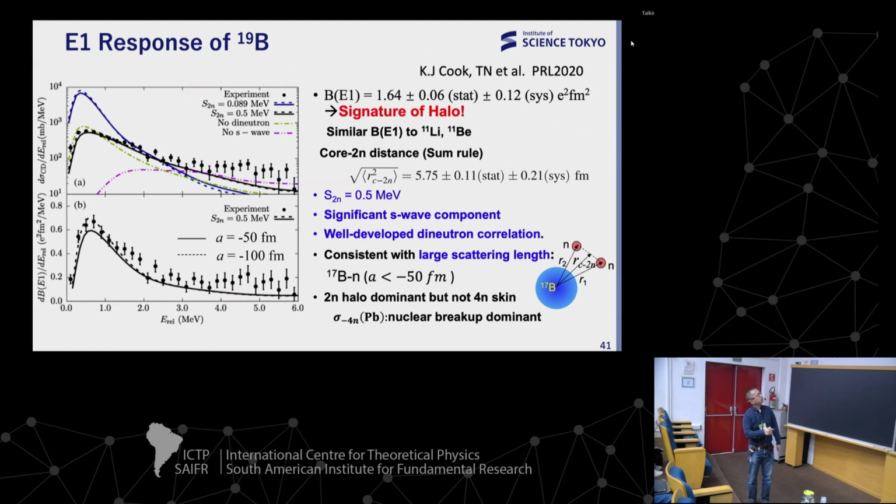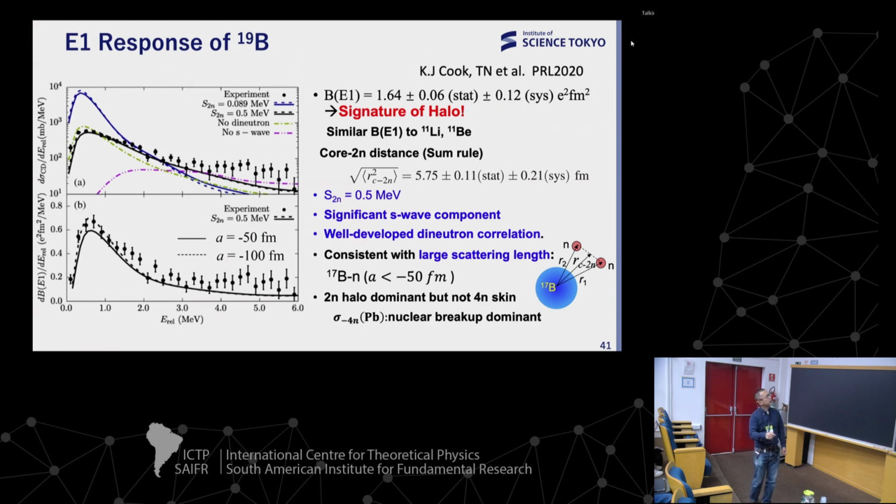Okay, if we don't include the S-wave component, then the cross-section becomes even lower like this. So the S-wave is significantly included in boron-19. That's one thing. And if you don't have the dineutron, then the curve becomes very different. So we concluded also that the dineutron contributes to this cross-section.